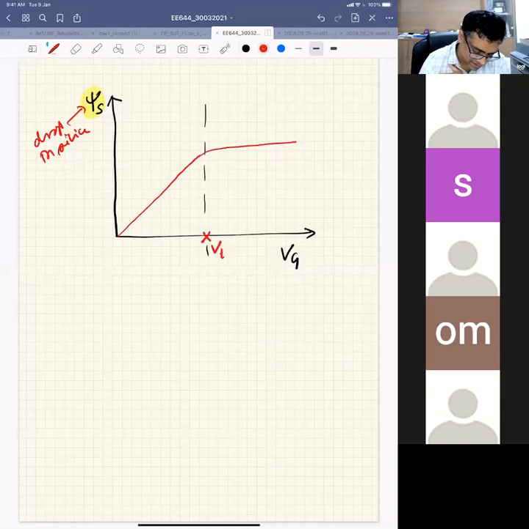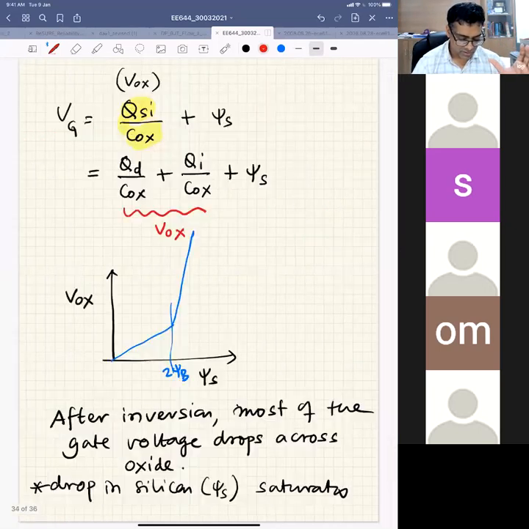You do not go to a gate voltage much higher than the threshold voltage, otherwise the field across the oxide increases and your device will break at some point. Okay, so we'll slowly understand this concept.